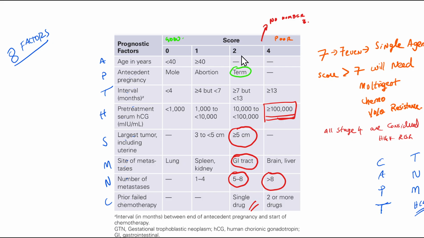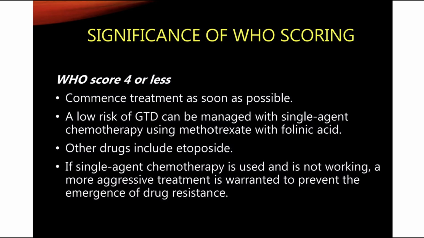The largest tumor size, and the interval in months from the antecedent pregnancy. We look at the beta HCG, and whether the antecedent pregnancy was abortion, term, or molar pregnancy. So that's how you would score it.